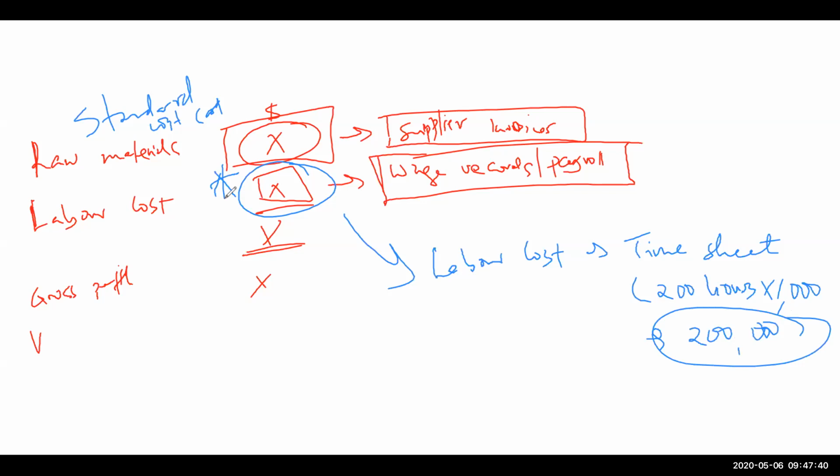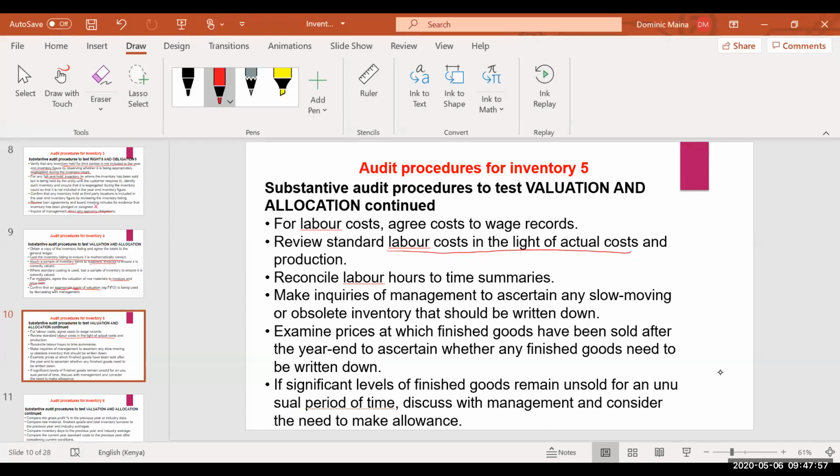That's why, as an auditor, you may want to reconcile the hours spent and the cost incurred. The two need to more or less reconcile. Reconcile labor hours with the time summaries.